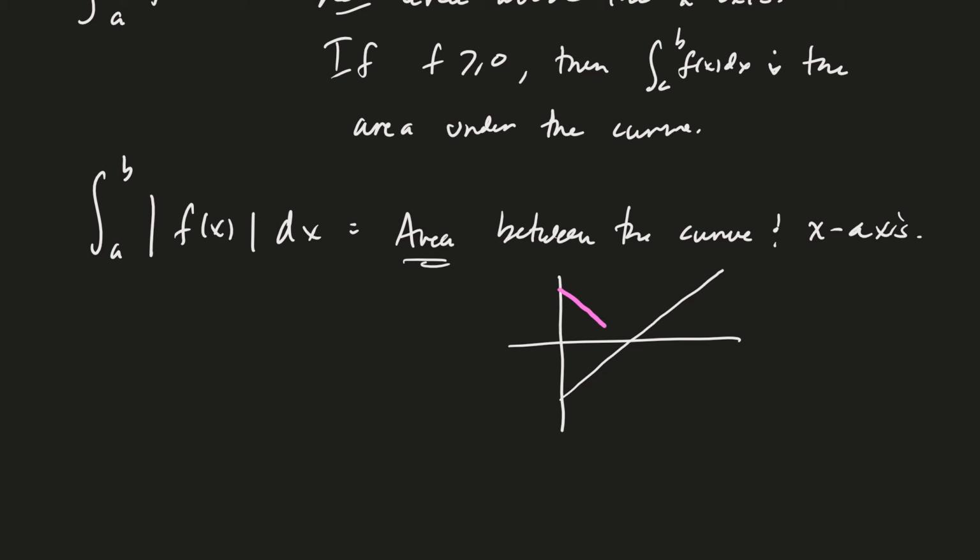I'm going to flip this around and then go up. So the purple curve is the absolute value function, and so if I take the integral of the absolute value of f of x, I get the purple, right? And so that's going to be the actual area between the x-axis and the curve.